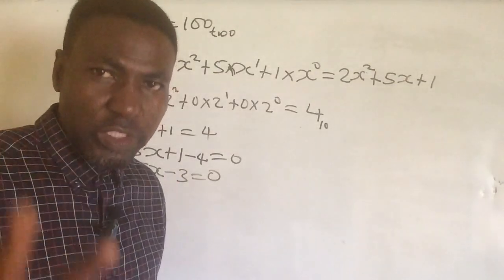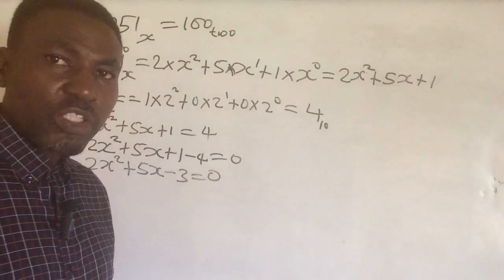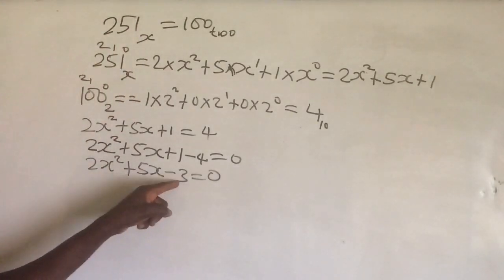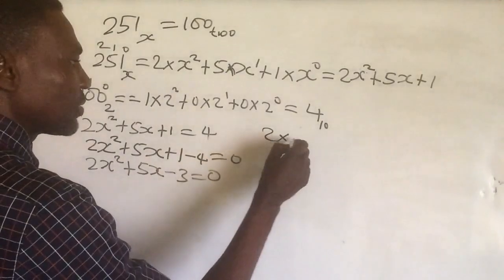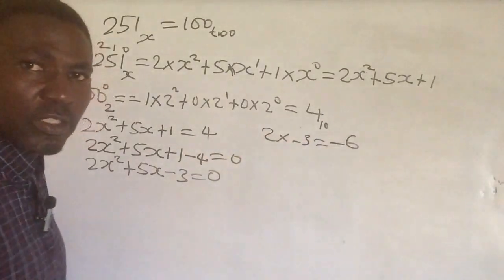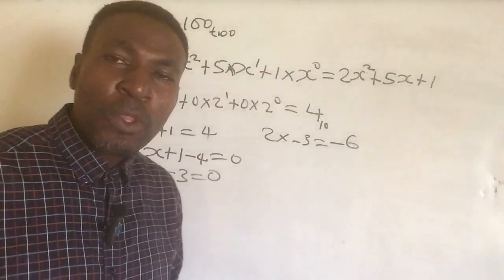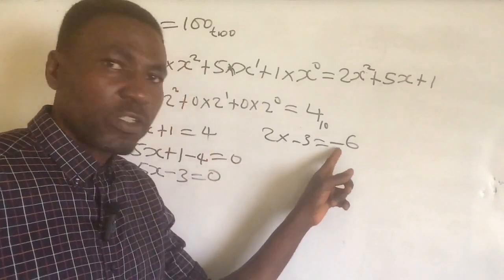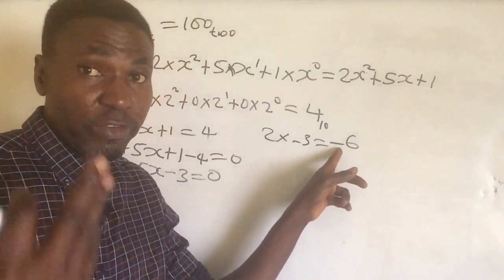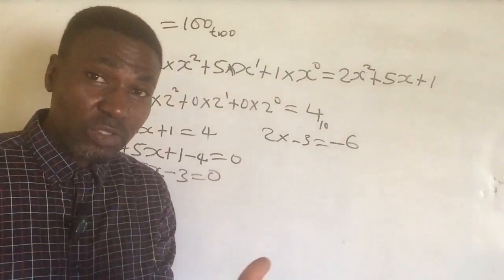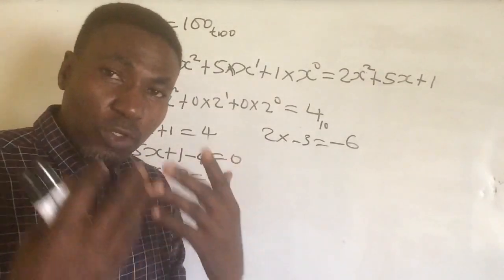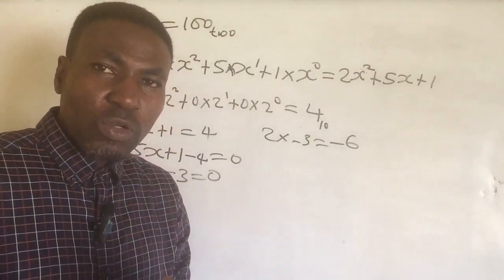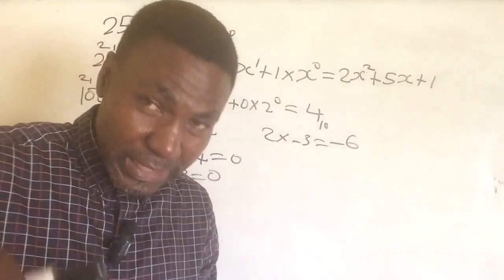I'll treat this in the quadratic equation topic. So we multiply the coefficient 2 with minus 3, and 2 times minus 3 gives us minus 6. So we now work with minus 6. We look for two numbers that, if we multiply them, will give us minus 6.